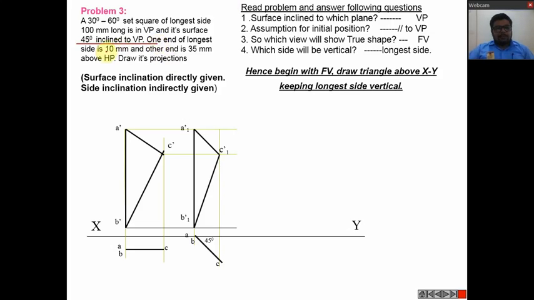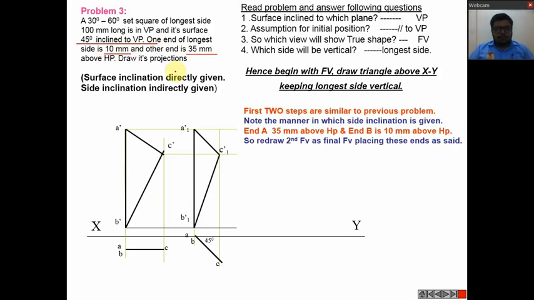Now what is given here, it is one of the end of the longest side is 10 mm above HP and the second end is 35 mm above HP. So this is the distance. Mark one point A1 dash, it is at the 35 mm. Then this is the distance, that is 10 mm.